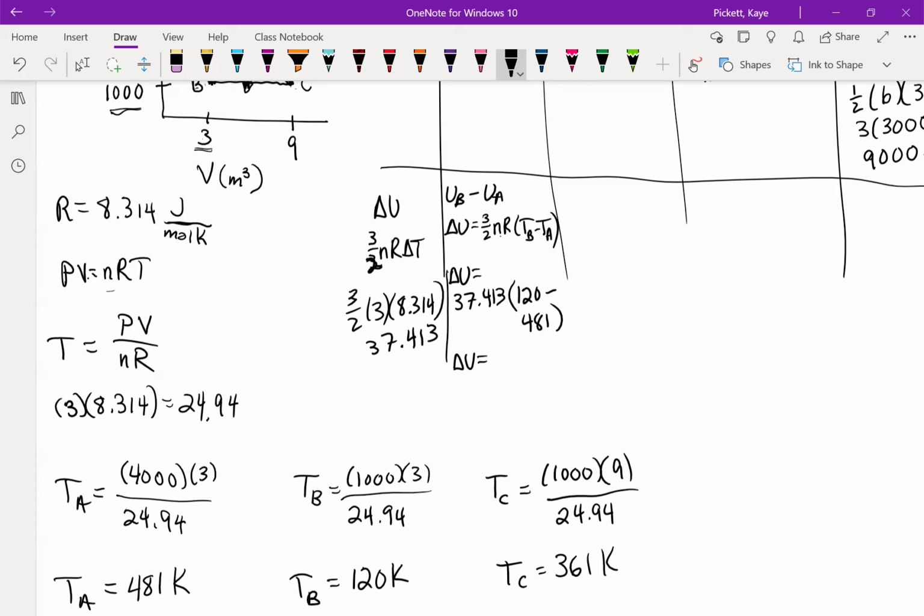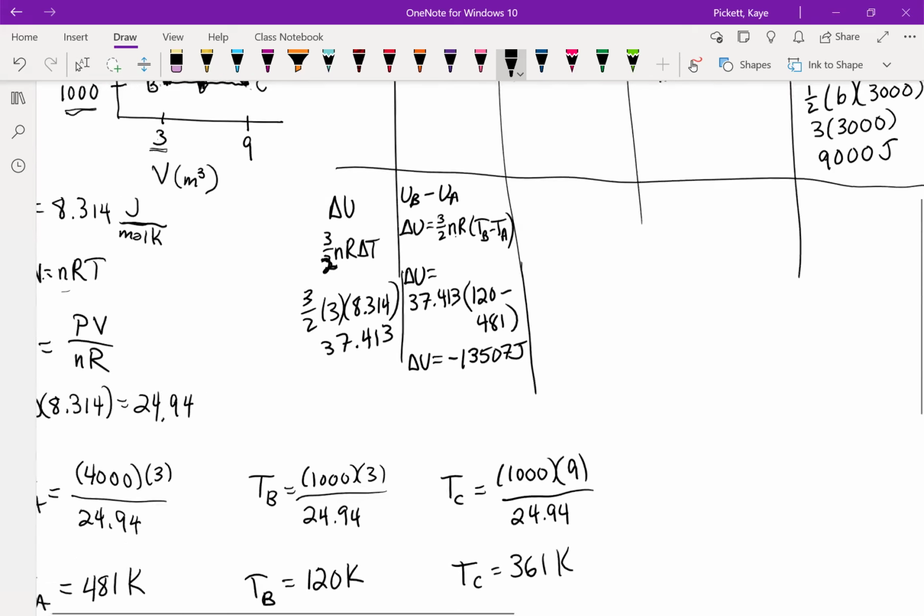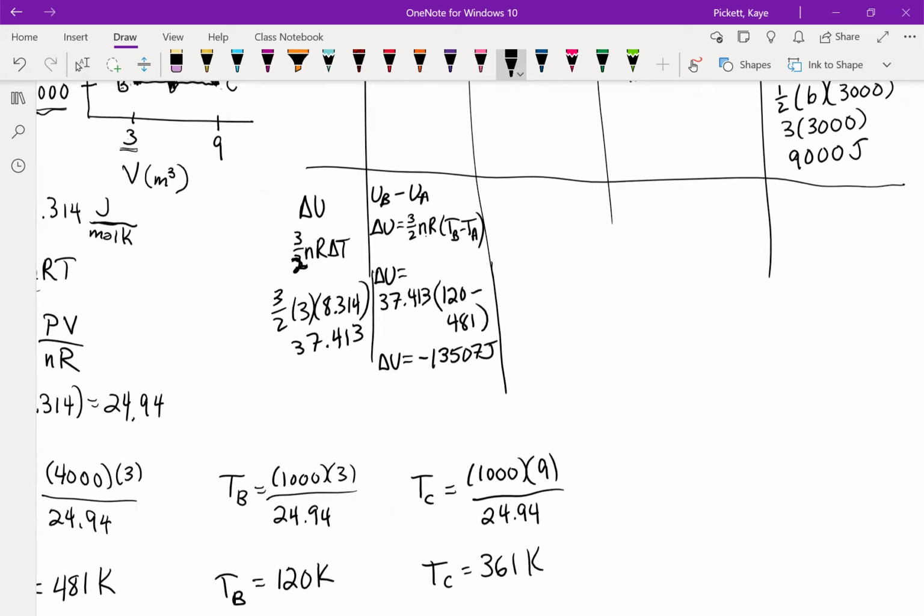And so I wound up with negative 13,507 joules. Wow. That's nuts. Negative 13,507 joules. Okay. Whew. I told you guys this was going to be complicated.